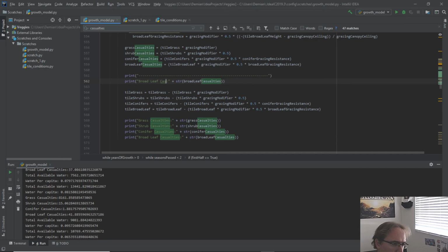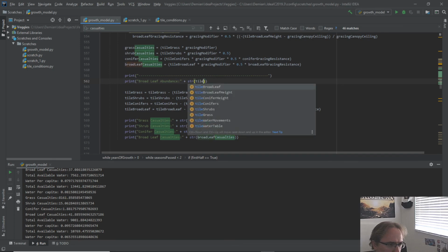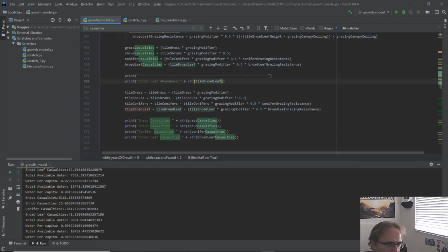Broadleaf. So before we subtract, you know what? We can even say canopy height too. Broadleaf canopy.